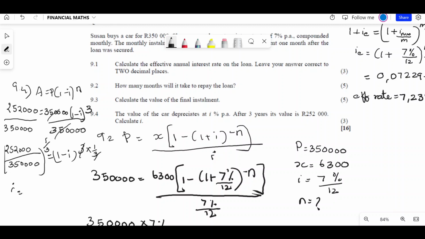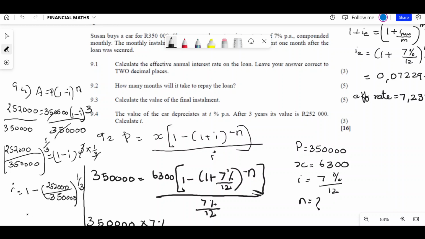So let's make it positive by bringing it to the other side. So here it's 1 minus (252,000 divided by 350,000) to the power 1 over 3.